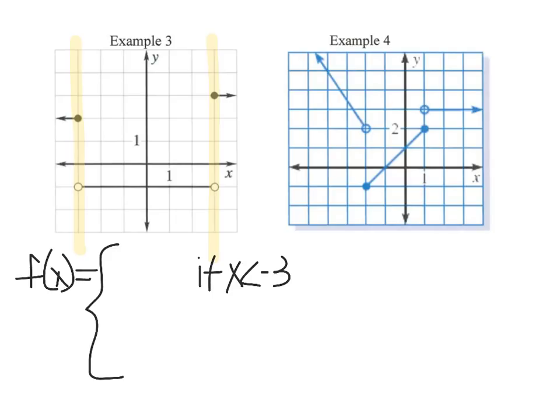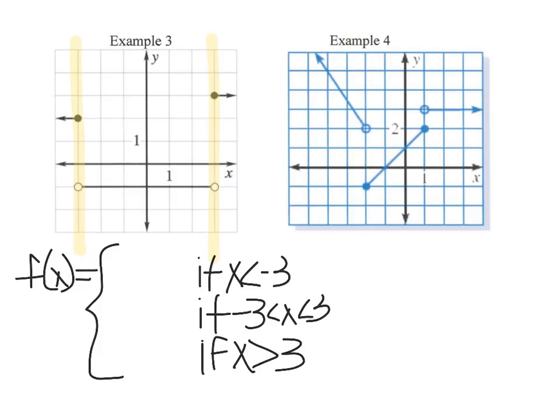The second part is going to be if x is between -3 and +3. And the last part is going to be if x is greater than +3, so to the right. So there's the 3 different parts of our function: to the left, in between, and to the right. Now we want equations of the line for each of these.